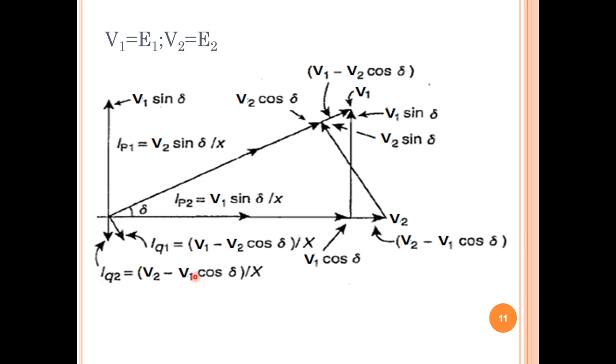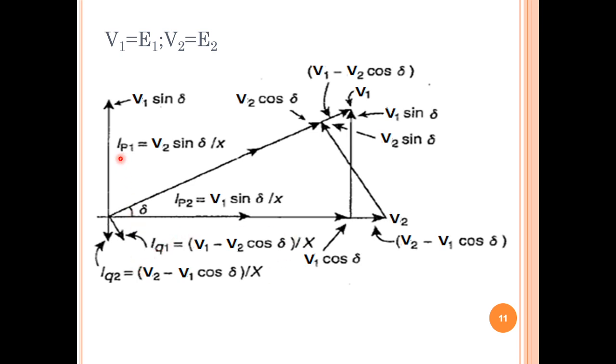Same thing. IQ2 is nothing but, moving to this particular line, this small portion divided by X. IQ2 is here, this one. This small portion divided by X. IQ1 is here, this one. V1 minus V2 cos delta by X is the value of IQ2.